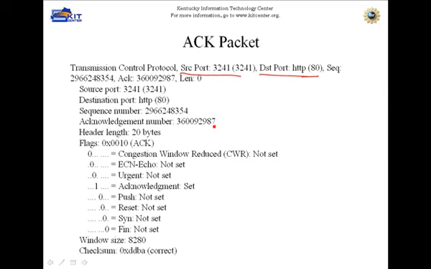The acknowledgement number here is acknowledging what was sent from the server. In this case, we only have the ACK flag set. Once we get up and rolling with our communications here, the ACK flag should be the only one that's set. You shouldn't see SYN again because we've got everything set up.